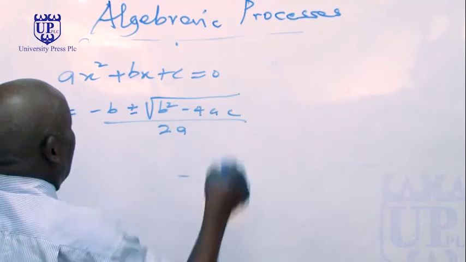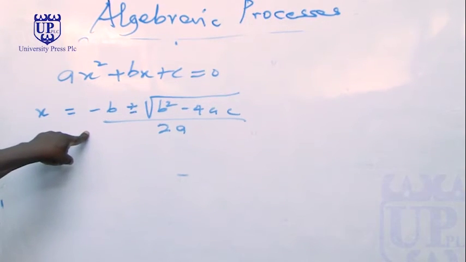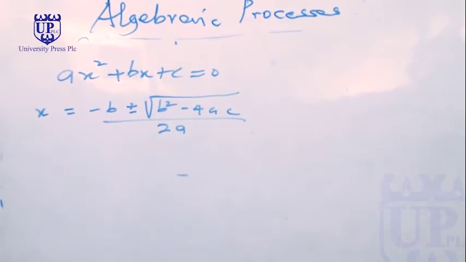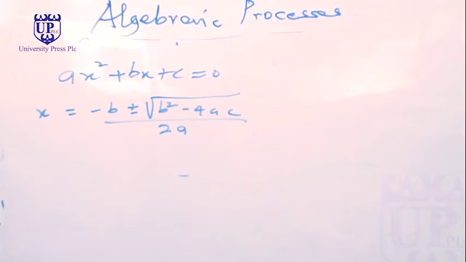This is what you normally call the almighty formula. It's not almighty but quadratic formula. If in the exam, I want to give you a question similar to what we have in page 164. It's still one question. Check.